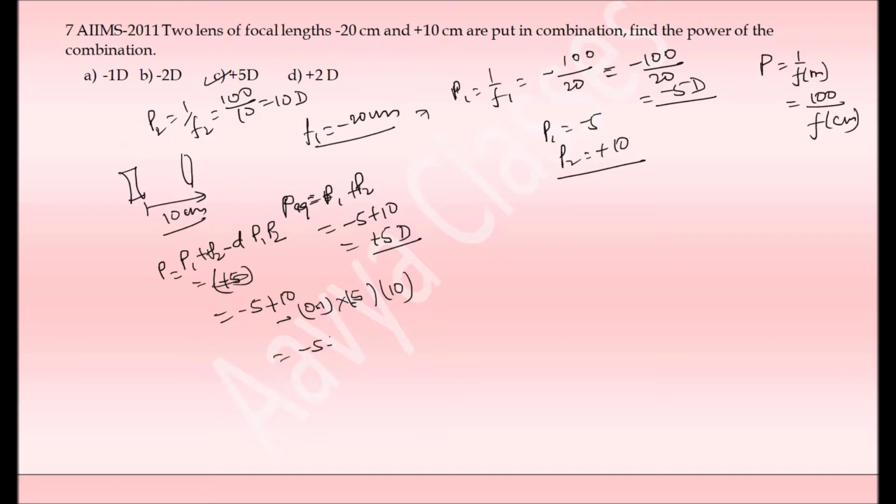So we get minus 5 plus 10 minus 0.1 into minus 50. So we get minus 5 plus 10 plus 5, that is 10 diopter. So if we place these two lenses at a distance equal to 10 centimeter, then the power will be equal to 10 diopter. If we place these two lenses in contact, then we get power equal to 5 diopter.